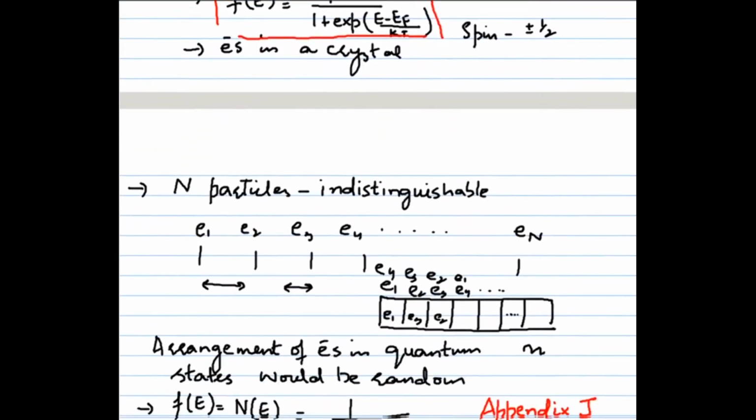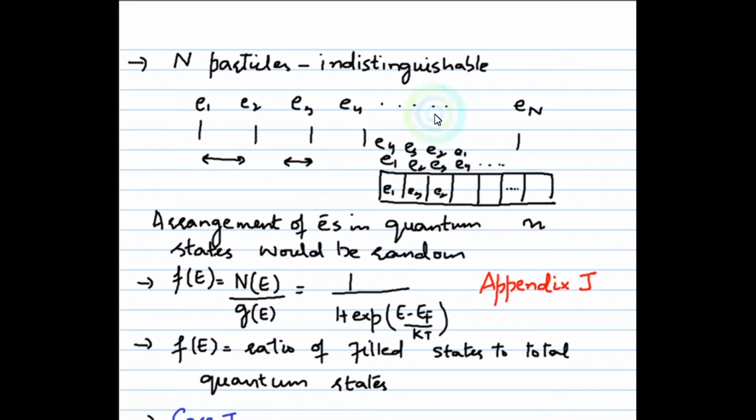Alright, now just a bit of explanation on the Fermi-Dirac distribution function. If we have n particles, these are indistinguishable. You have n number of electrons, and these are the allowed quantum states, and any of the electrons among these n number of electrons can occupy these quantum states. So using some probabilistic distribution, using some mathematics, we can find out the most probable distribution of these electrons among these quantum states, right?